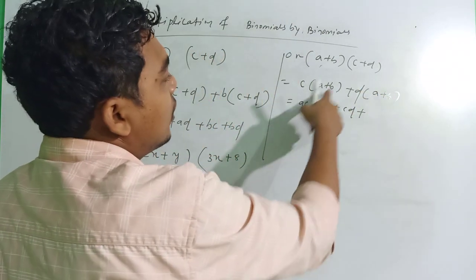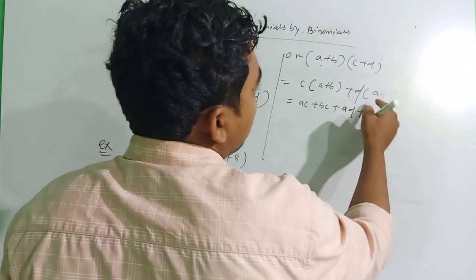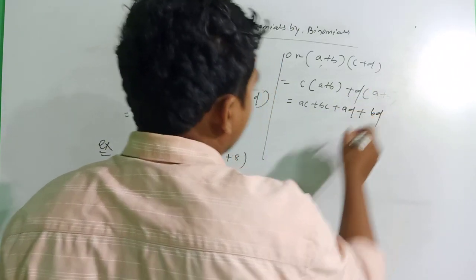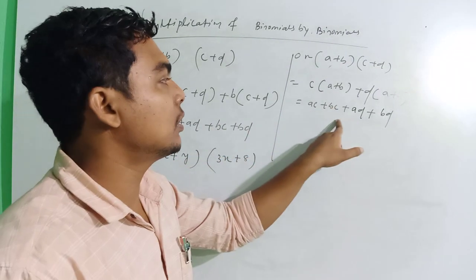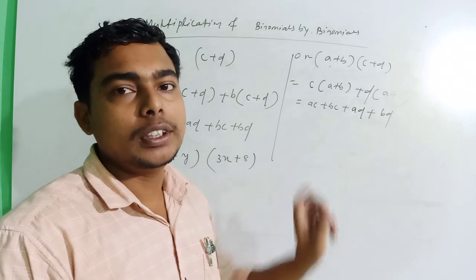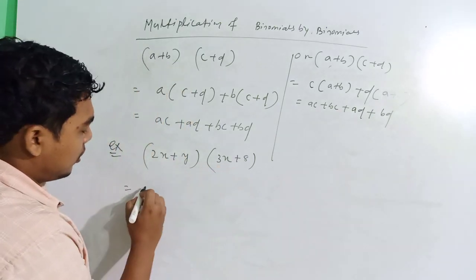That is ac, bc, then ad plus bd. The result remains ac, ad, bc, bd. Here also ac, bc, ad and bd. Clear?